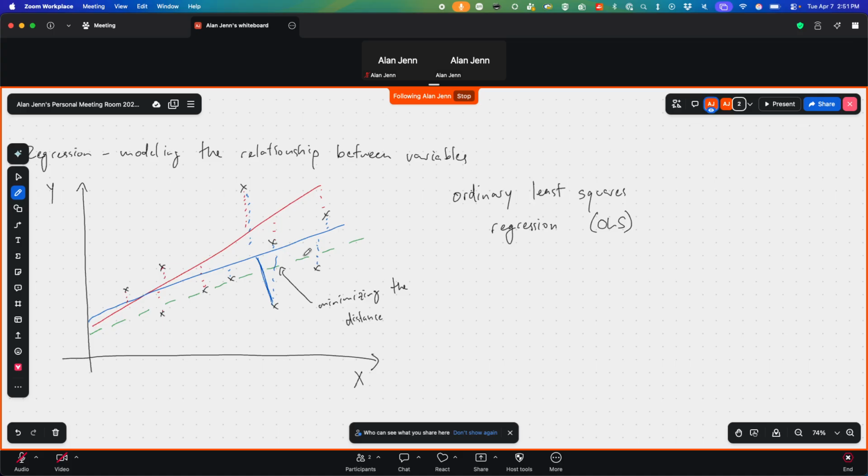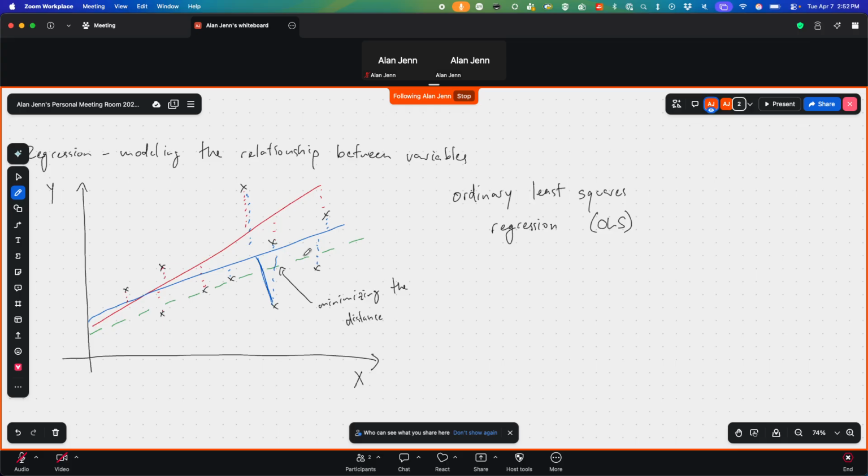Related to that, if you were to do these perpendicular distances from the line, calculating the length of those lines is a little bit harder compared to your OLS. And so that's the primary reason why we do it this way. It has more to do with the computational complexity.